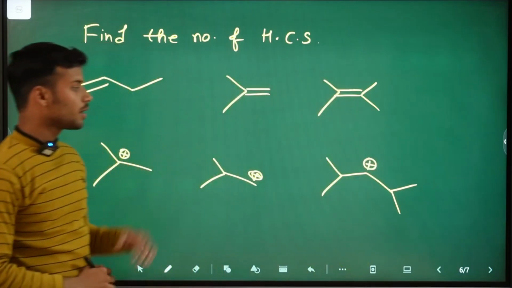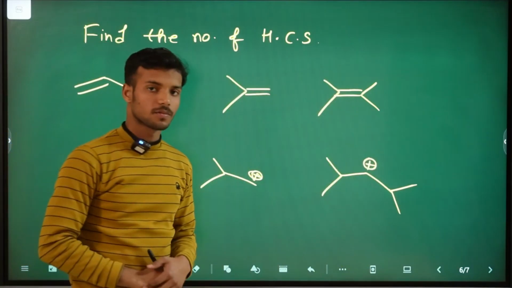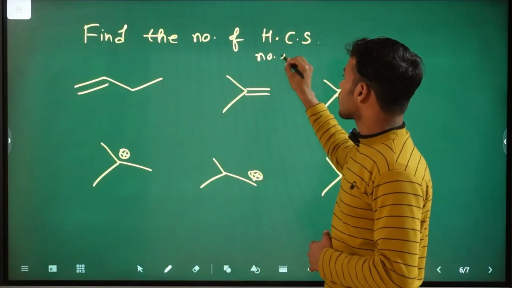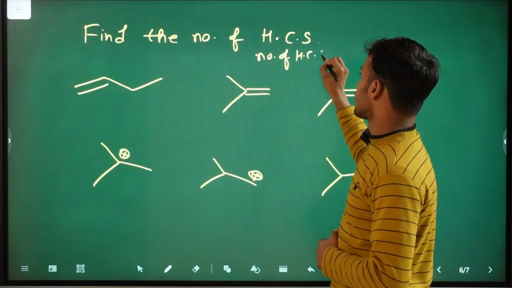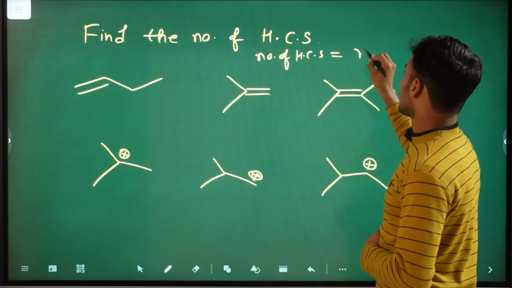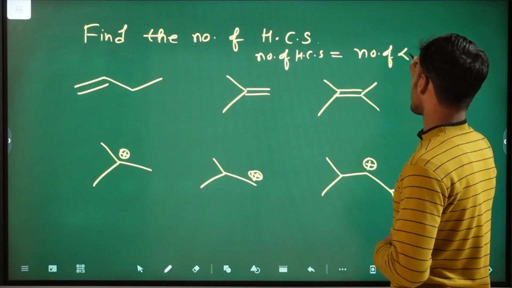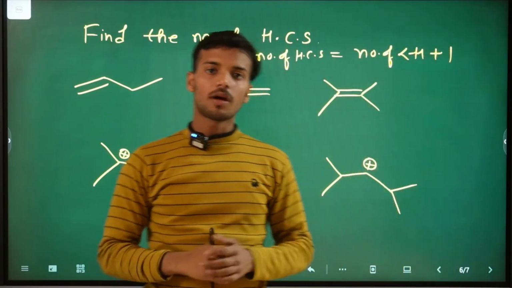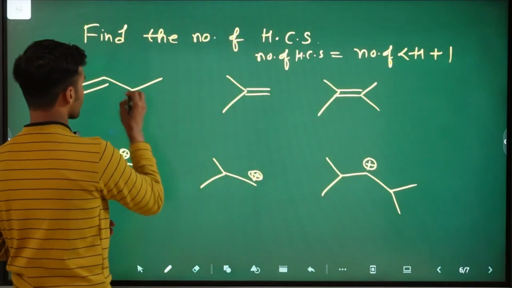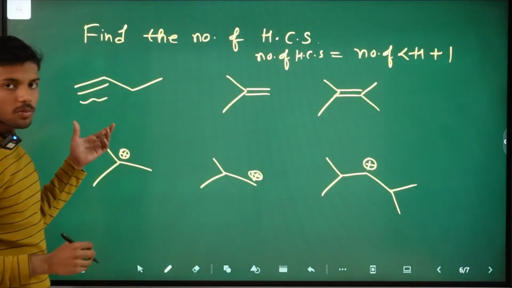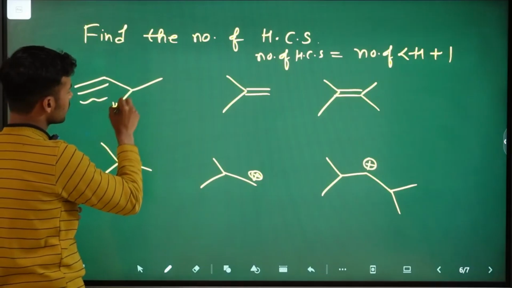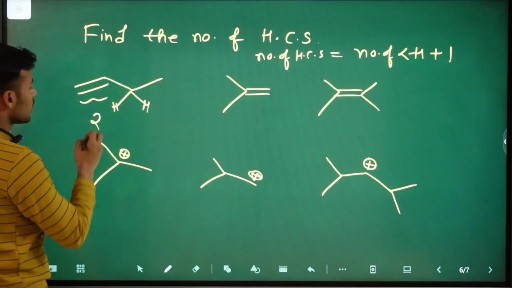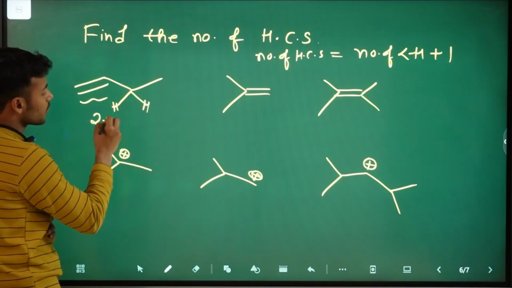So find the total number of hyperconjugative structures. The number of hyperconjugative structures is equal to the number of alpha hydrogens plus 1. First we count the number of alpha hydrogens. This is the functional group, this is the alpha position, so this is the alpha hydrogen. So 2 alpha hydrogens are here. So the total number of hyperconjugative structures is 2 plus 1, 3.